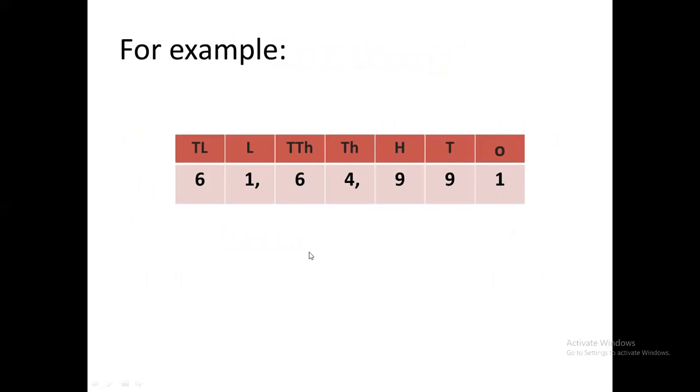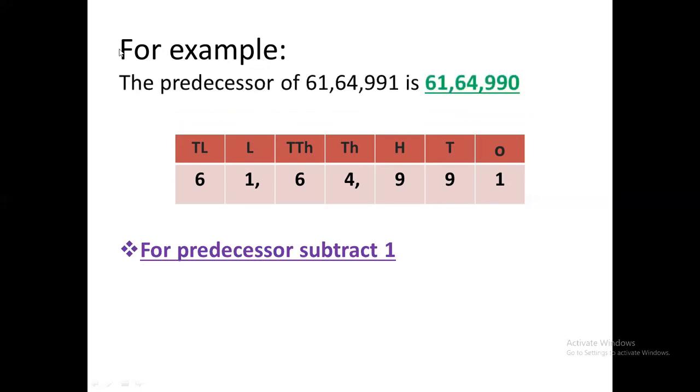Now let's start with the example over here. I have written a 7-digit number on your screen, 61,64,991. If I ask you what the predecessor of this number is, because the number is a 7-digit number, whenever you are dealing with bigger numbers, either 6 or 7 digits, you can simply do rough work and subtract 1 for the predecessor. So just minus 1 from this 7-digit number and you will get your predecessor, 61,64,990.